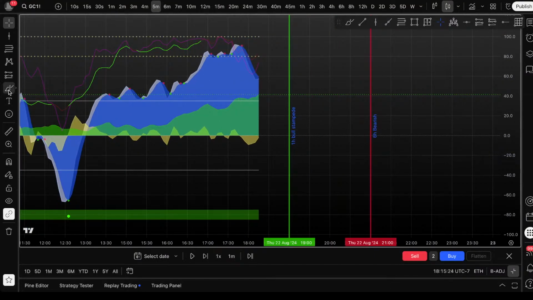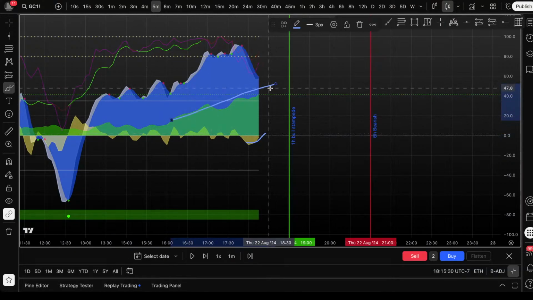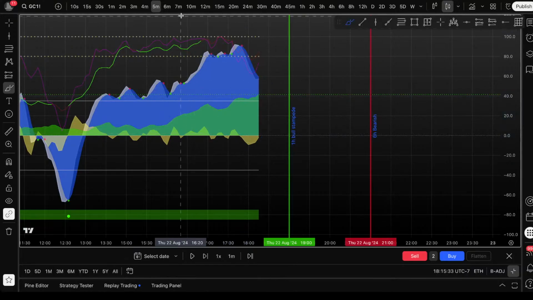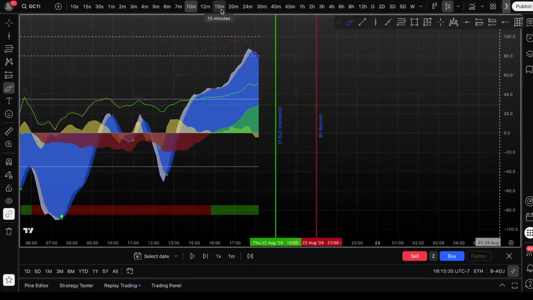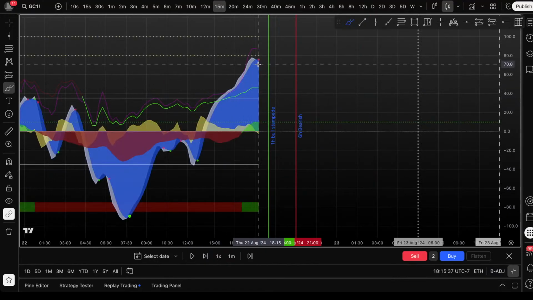Yep. Look at this. Nice curvature on the VWAP. Money flows crazy thick. I bet you this 15 is just going to do a little one of these and come right back in.